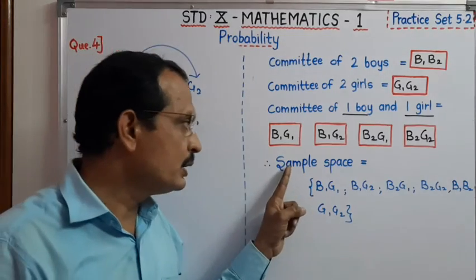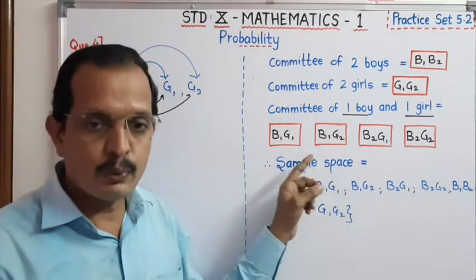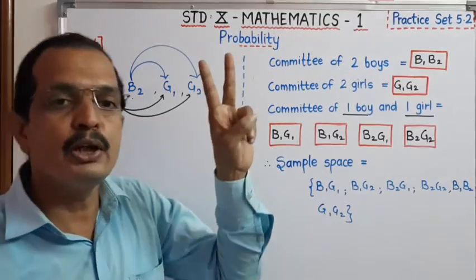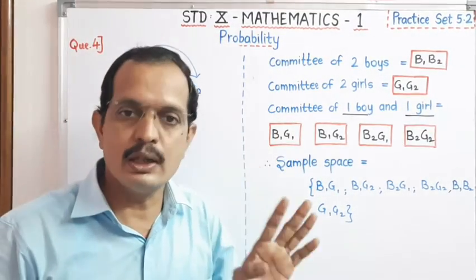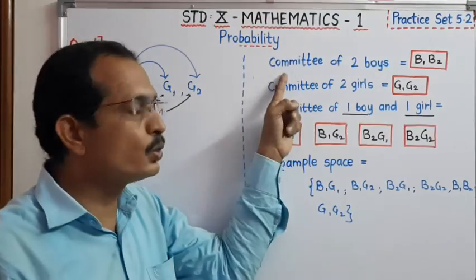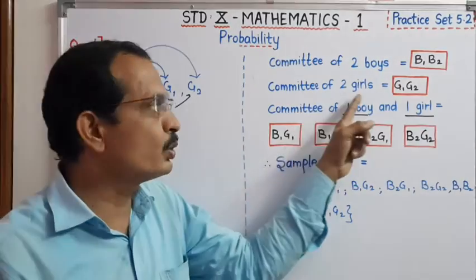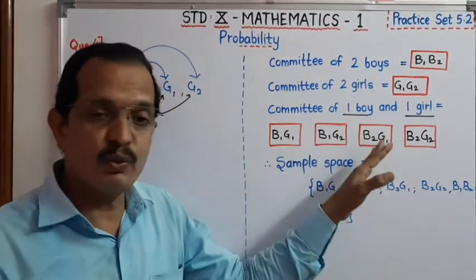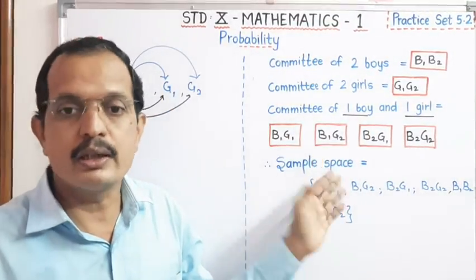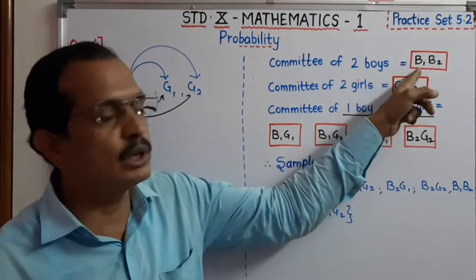Dear student, this sample space we have to write for a committee of two. There is no condition that there should be only two boys, only two girls, or one boy and one girl. This condition is not there. Therefore, we have to include these two also.